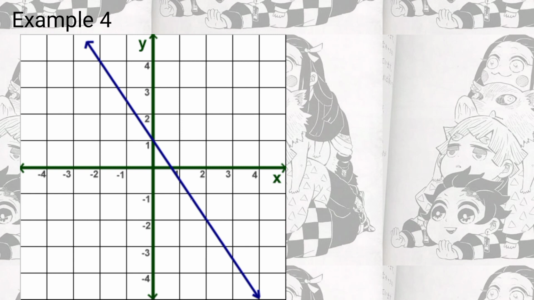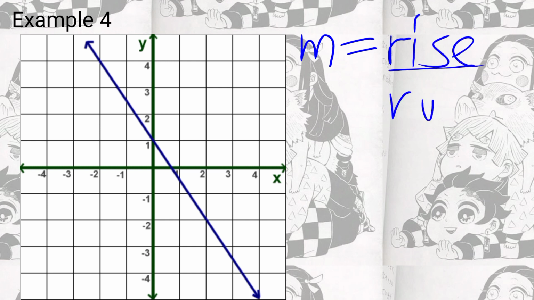Sunod, pang-apat na example. So, kung mapapansin ninyo, ang graph ng line natin ay pababa din. So, ibig sabihin, ang slope natin ay negative. Ngayon, bilangin natin ang rise at run. So, kumuha tayo ng point sa ating line. Gumamit tayo ng ibang kulay.